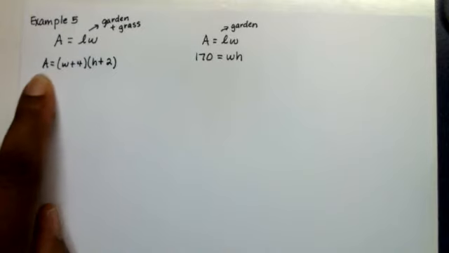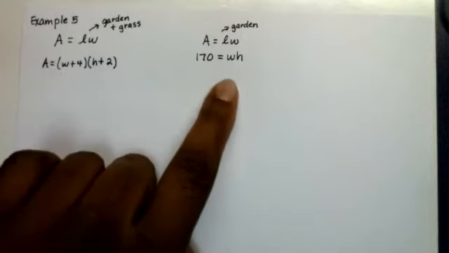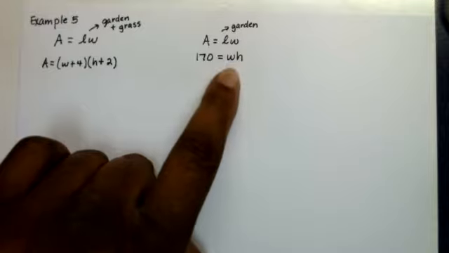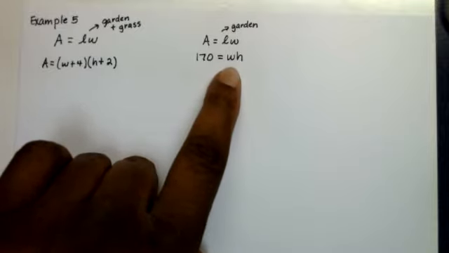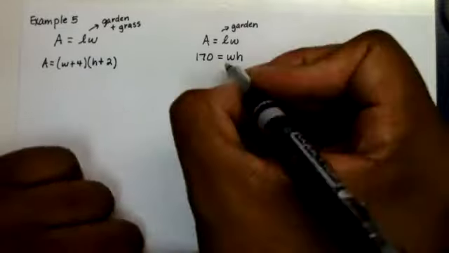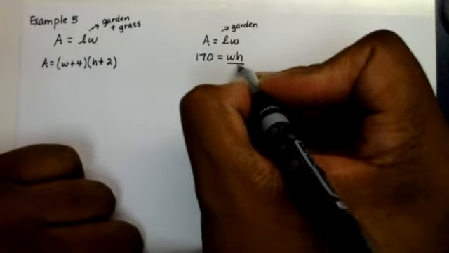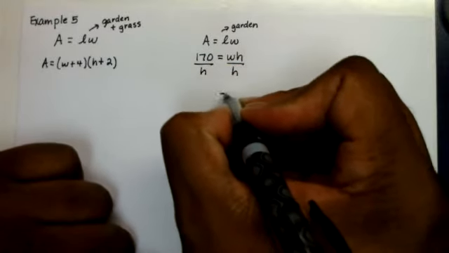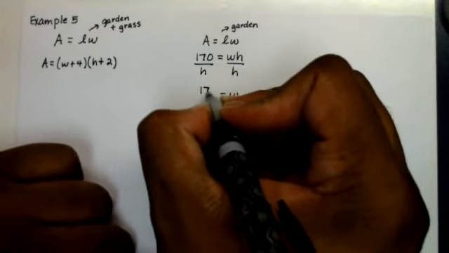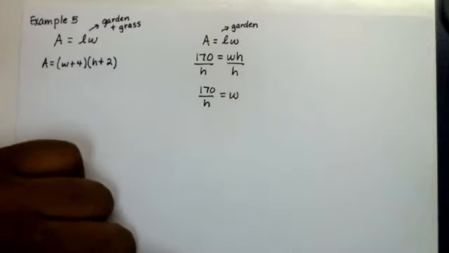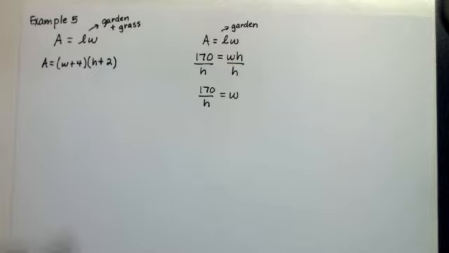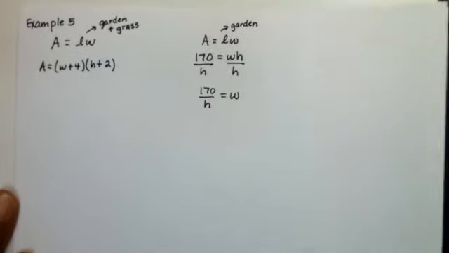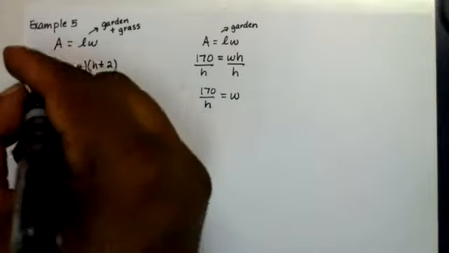All right. Now, I want this formula in terms of H. So that means I need to solve this equation for W. So to get W by itself here for the 170 equals W times H, we're going to divide both sides by H. So that means W is equal to 170 over H. And now let's substitute the W with 170 over H over here.